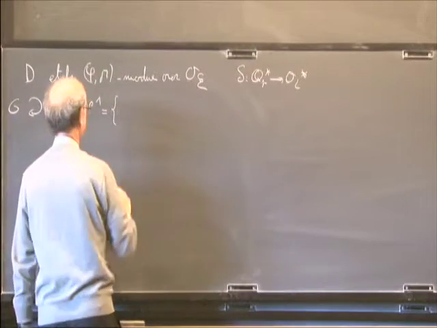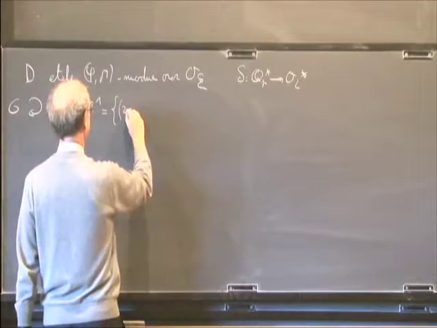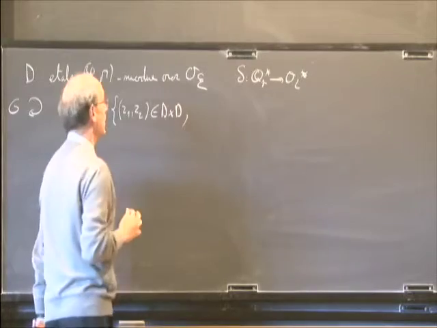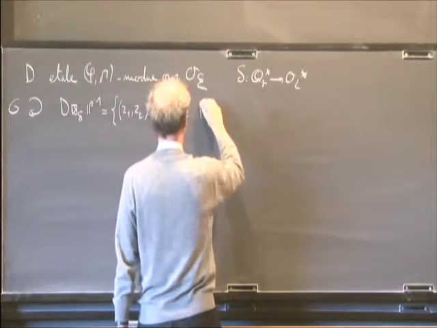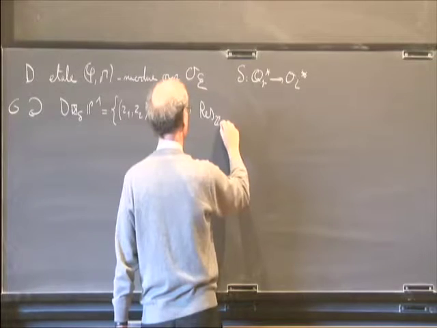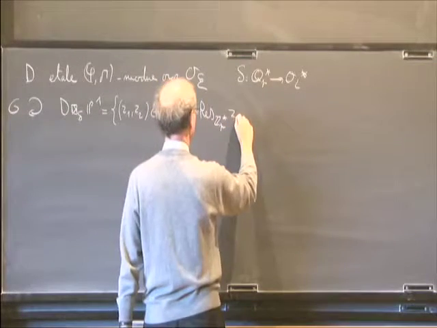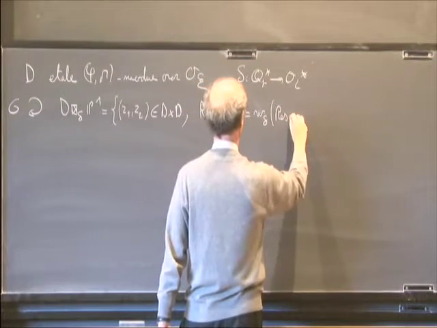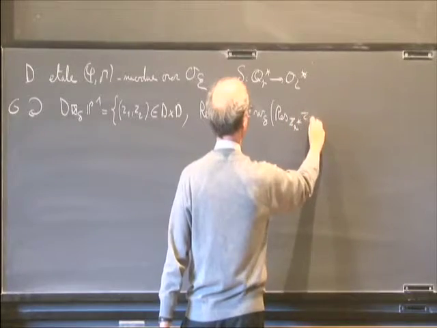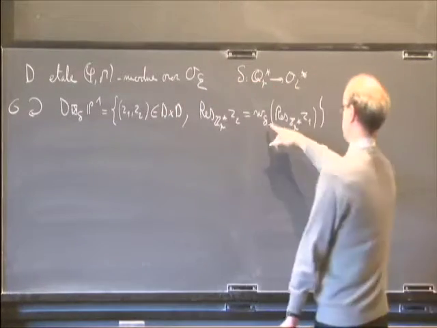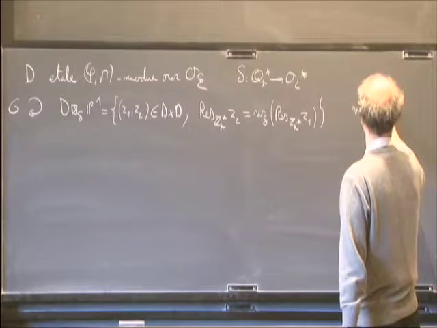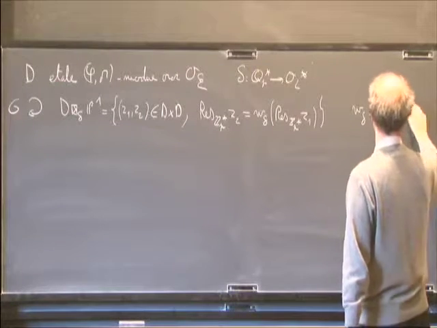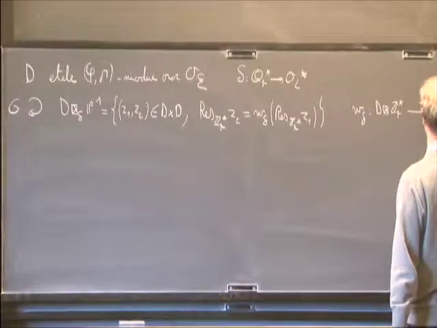So it was, as a set, the set of couples Z1, Z2 in D cross D with some condition on ZP star. So if you restrict to ZP star Z2, then it is some W of delta applied to the restriction to ZP star of Z1, where this W of delta is some OL linear map, continuous, going from D cross ZP star to D cross ZP star.